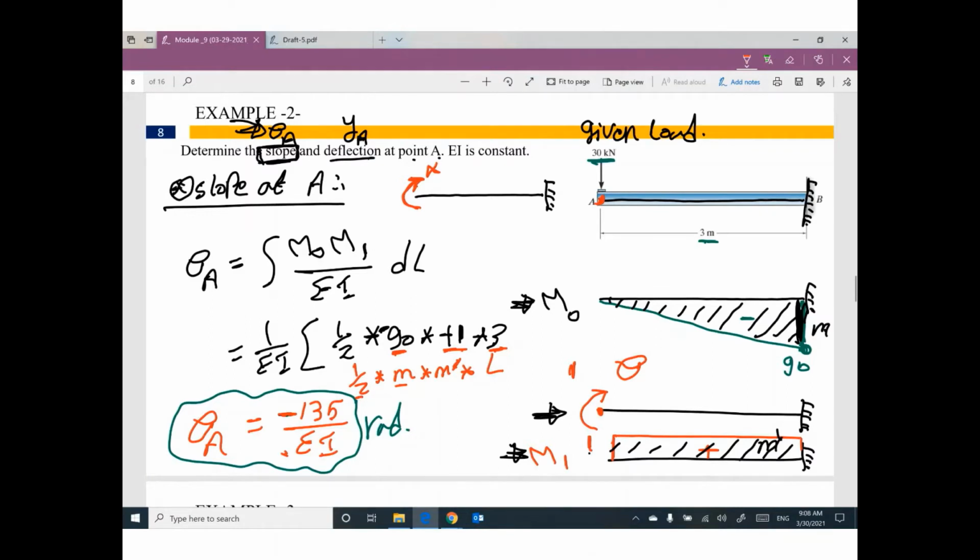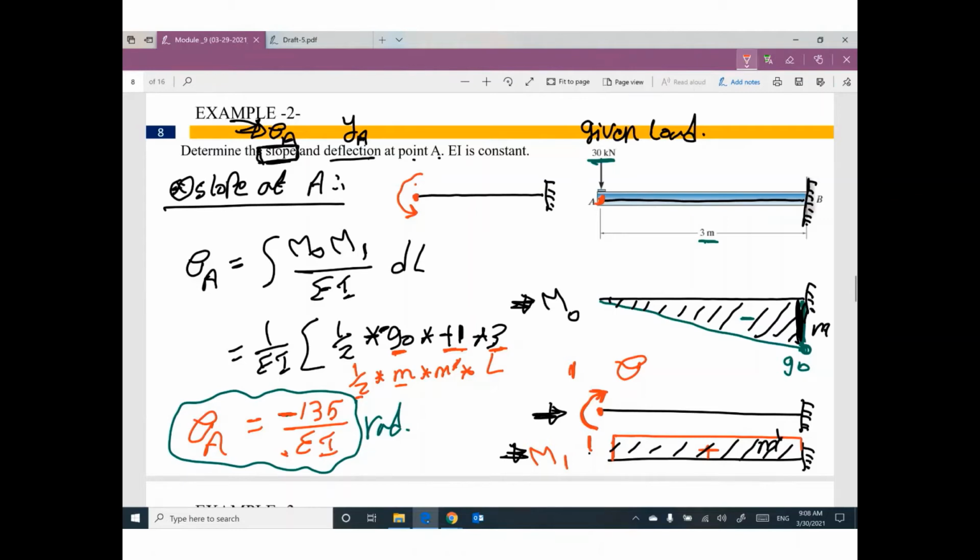Nobody of you asked me this question: Dr. Ayman, when you remove all the loads and put the moment here, why didn't you do it like this? Why did you do it like this? Both of them should work. Yes, both of them should work.